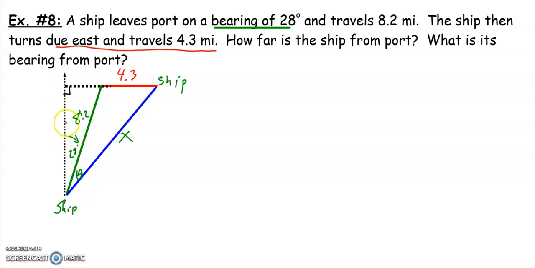I know all three angles in a triangle have to add up to 180 degrees, so the angle right here would have to be 62. And the angle on the inside plus the angle on the outside have to add up to 180, because they make a straight line. So this angle right here is going to be 118.